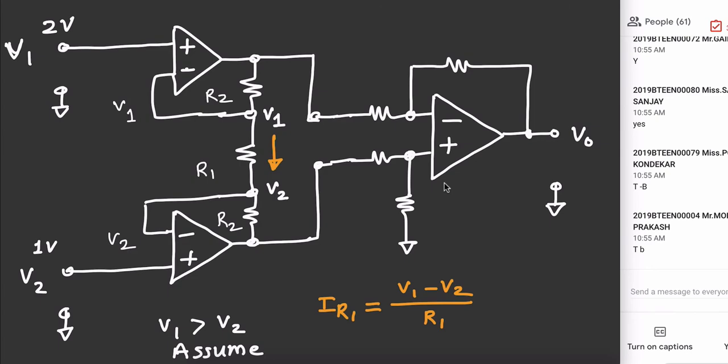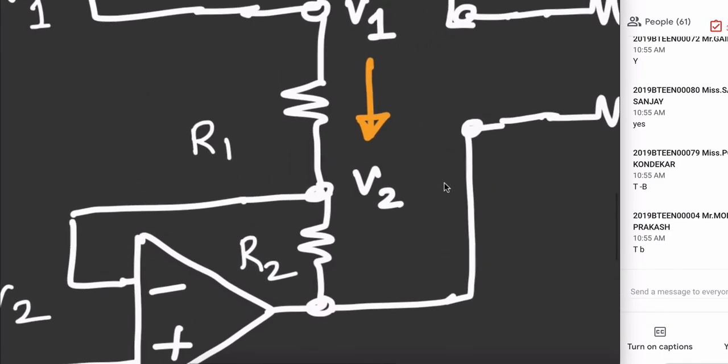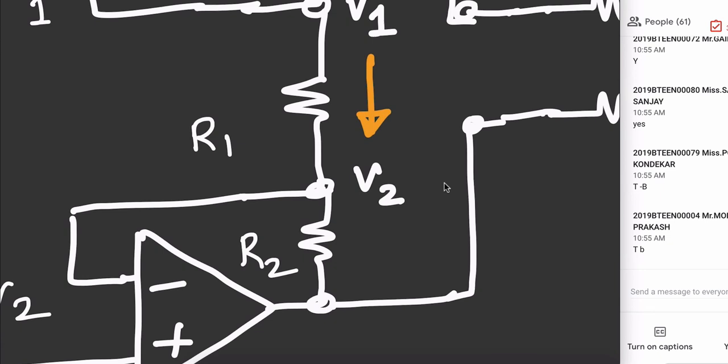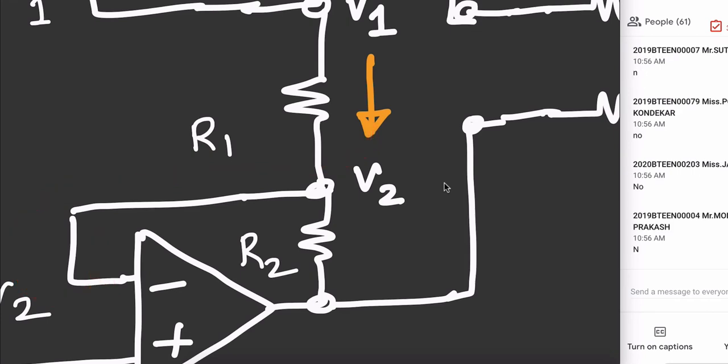Fine. Now this current, let me zoom this. Will it go inside this? Yes or no? Considering the op amp's input impedance is very high, ideally infinite, will it go there or not? No. It means this current will be ideally 0, and therefore this current will fully pass through this.